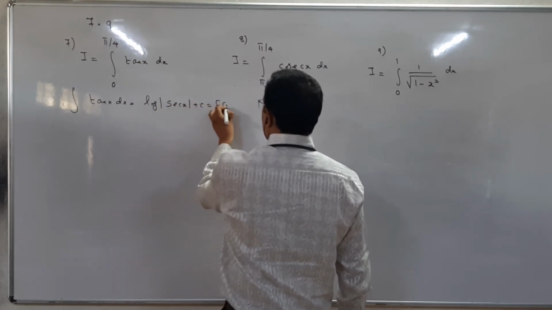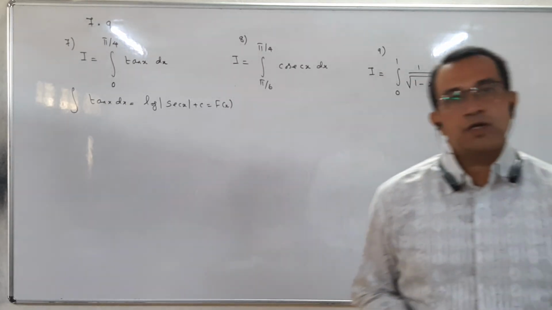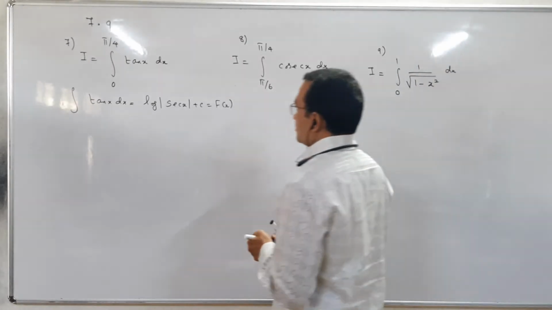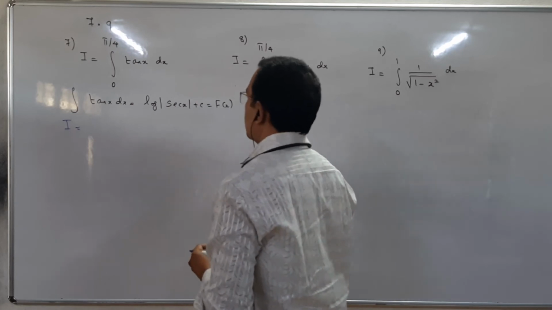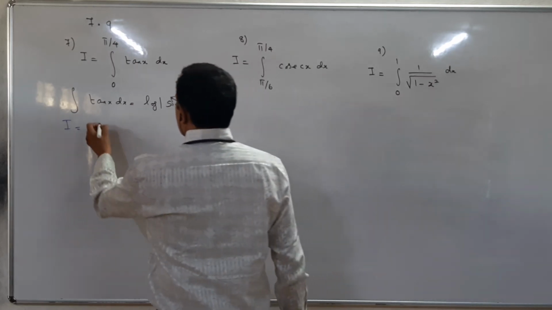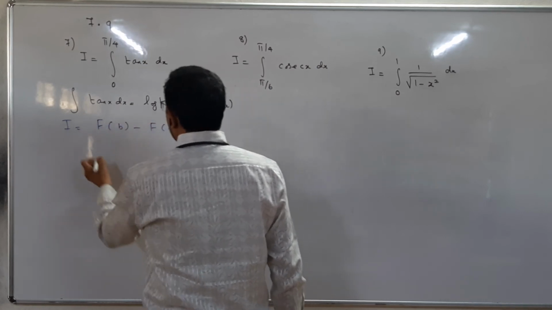And this is equal to F of x. All of you know this. Now, the value of integral according to second fundamental theorem of integral calculus is F of b minus F of a.